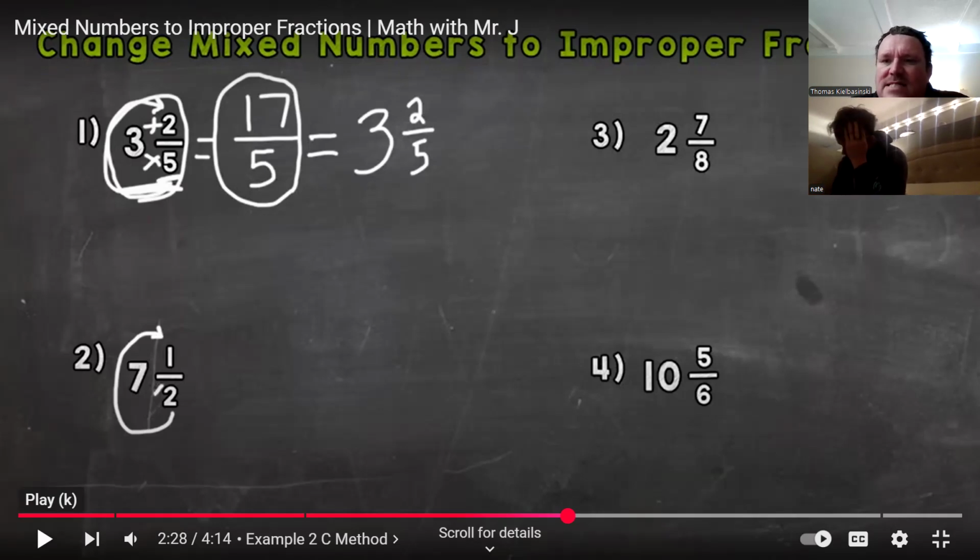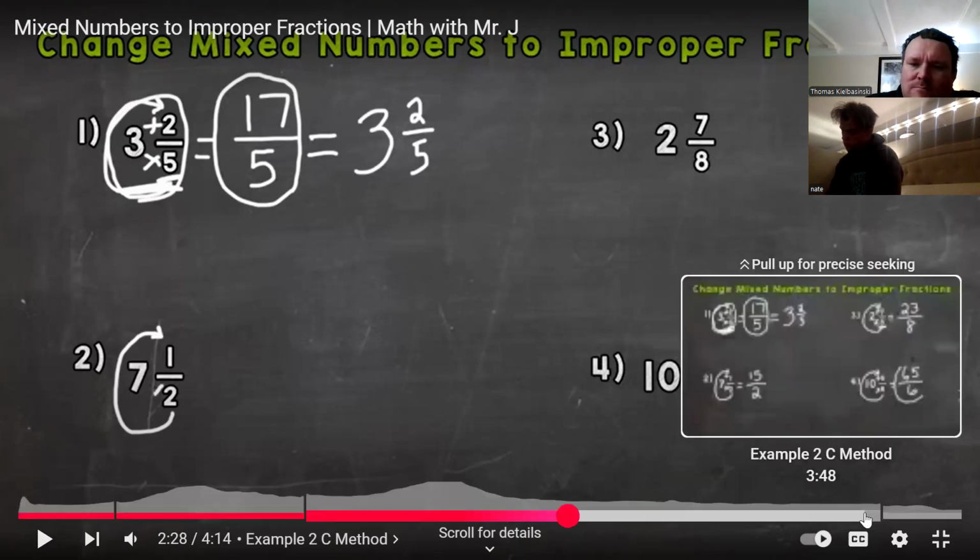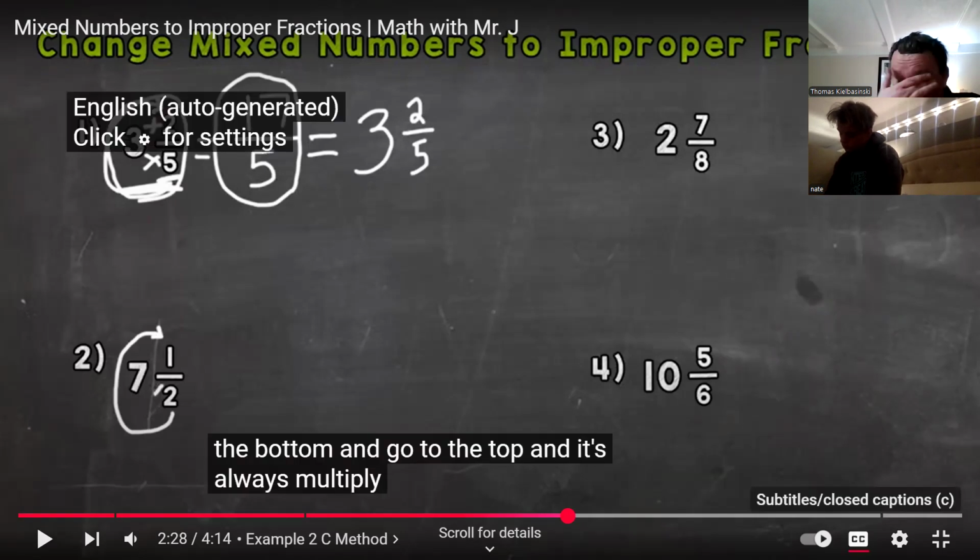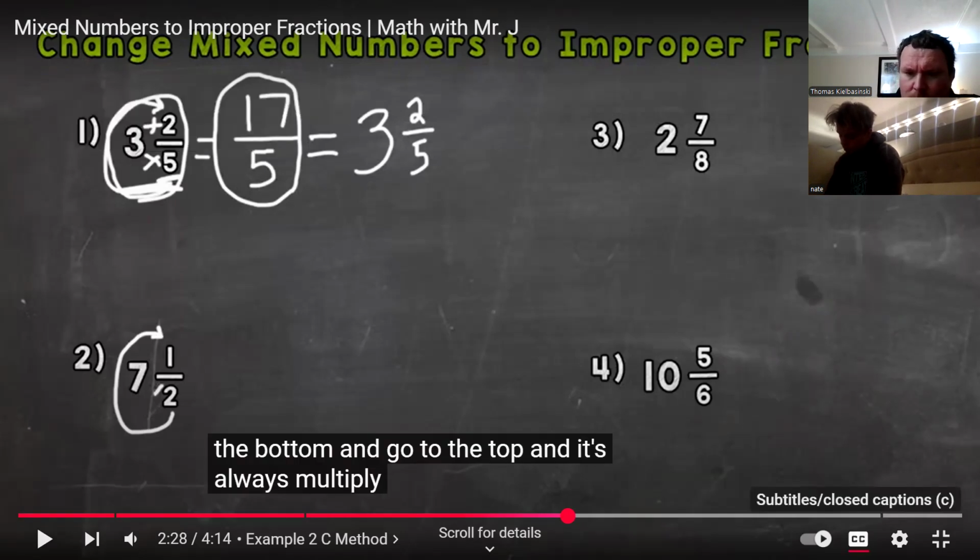Then 2 times 3 is 6. Then 7 minus 6 is what? It's 1. You drop down the 5, so now it's 2 into 15. It goes in 7 times.